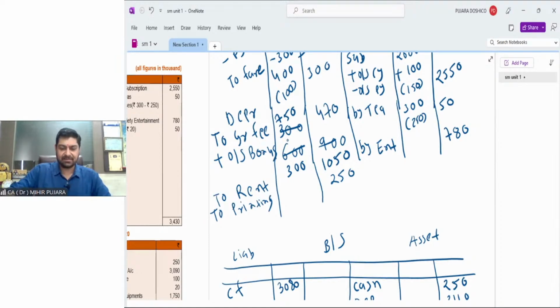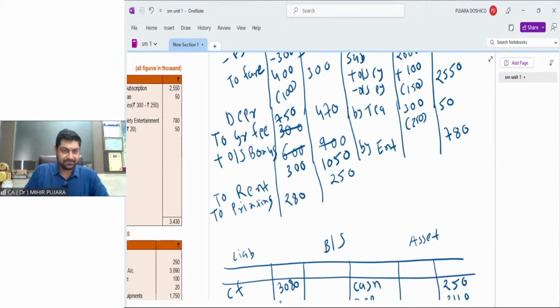Now, how much printing is given on payment side? Printing is given 280. What are the adjustments in printing? Outstanding of current year and outstanding of previous year.